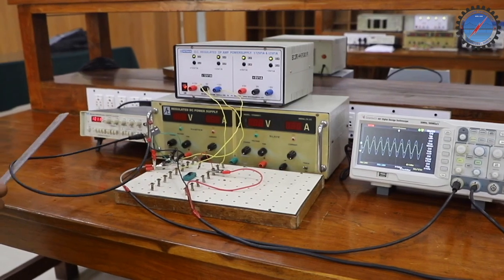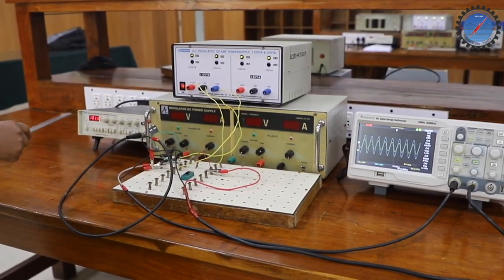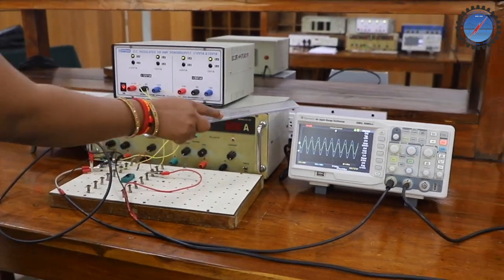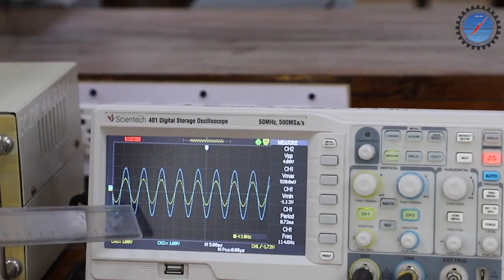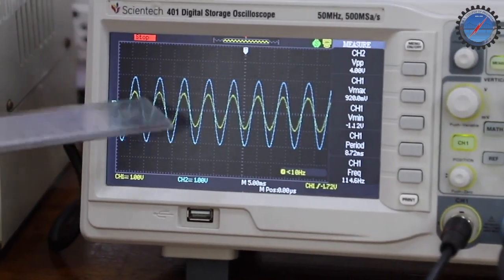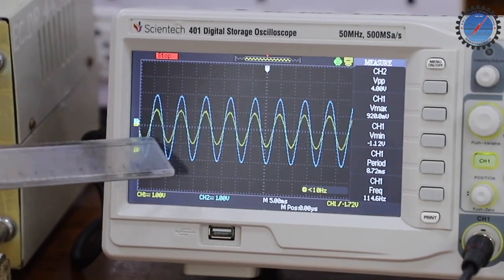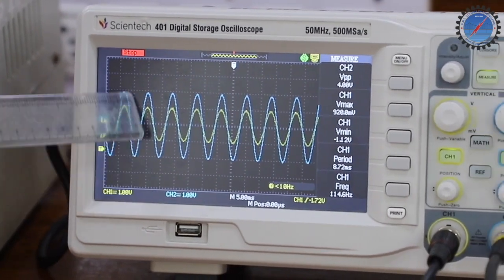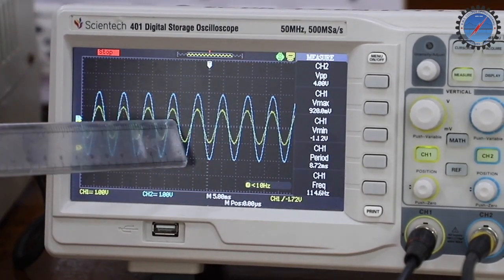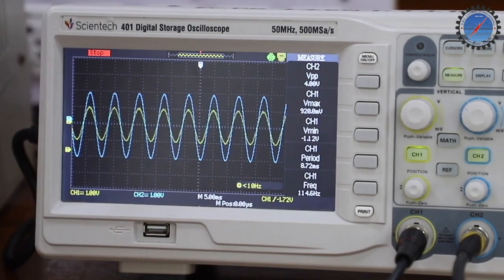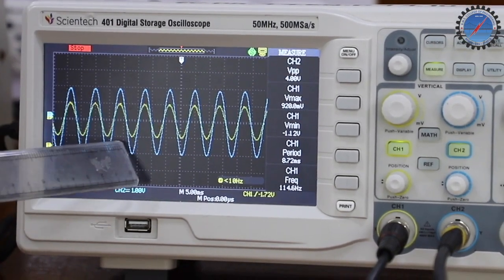So we have already applied the input voltage here. For 100 Hertz, you can observe the output waveforms on the CRO. You can clearly visualize the waveforms. This yellow color waveform is the input waveform, and the one in blue color is our output waveform. For 100 Hertz, we are getting 4 volts.